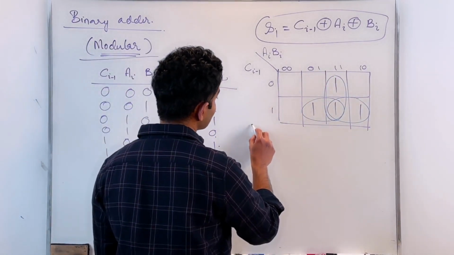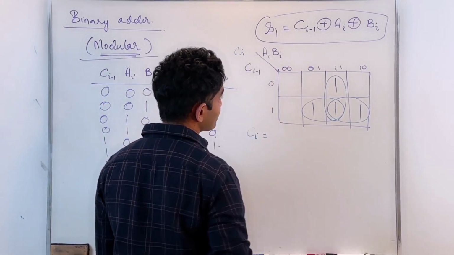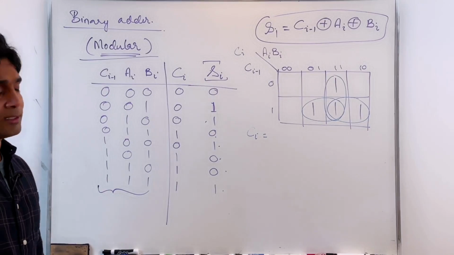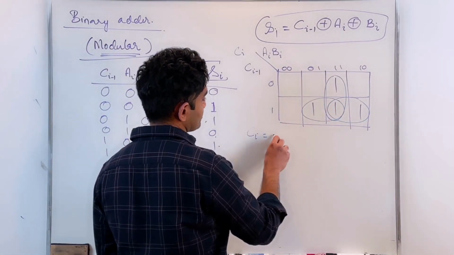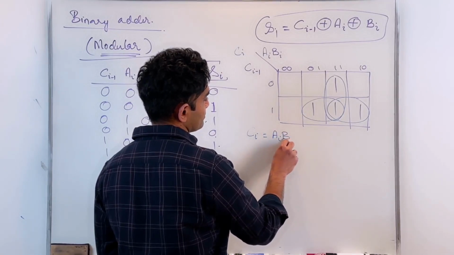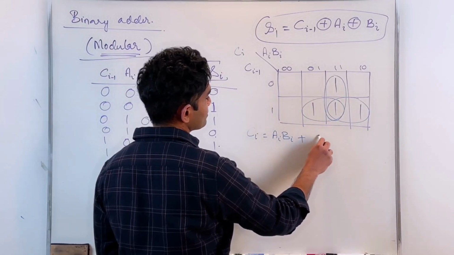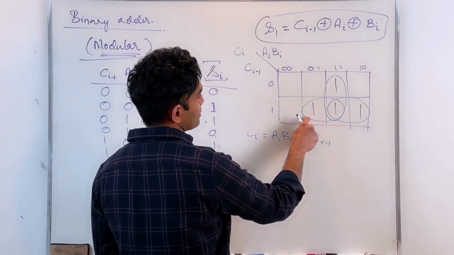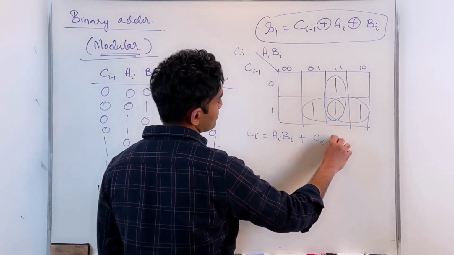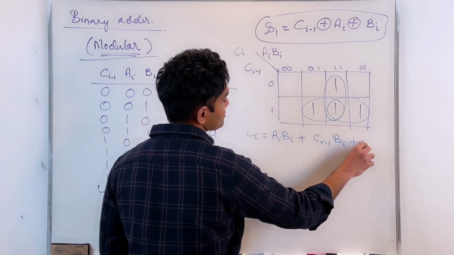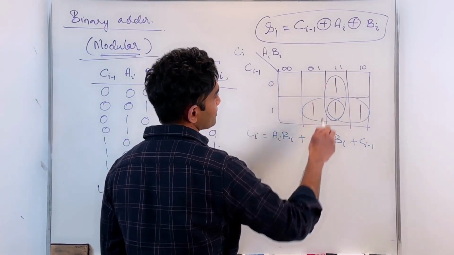So my Ci, again that's for Ci. So my Ci may be expressed in terms of Ai, Bi, and Ci minus 1 as Ai Bi from this combination. And here I have Ci minus 1 times Bi plus Ci minus 1 times Ai.